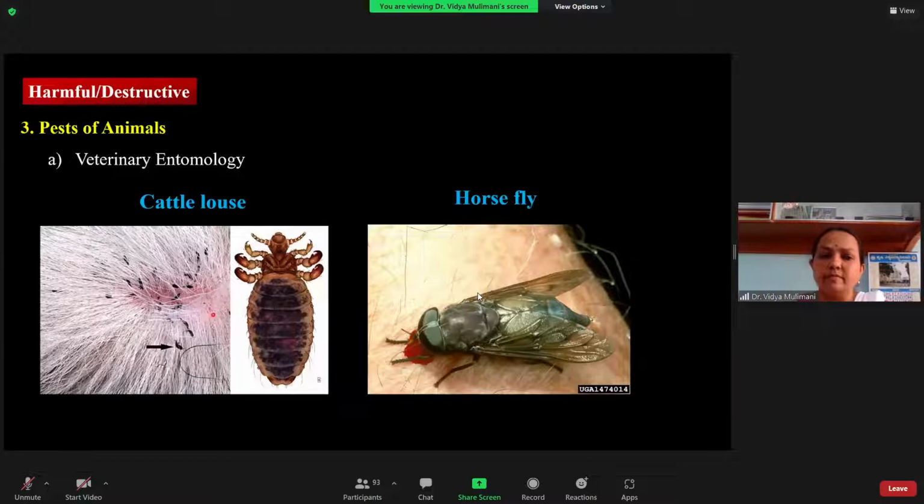So mainly you have cattle loss. Just like the blood loss we have, cattle also suffer loss from blood-sucking insects. Here you have the horsefly. Only the adult female is the blood sucker. So it will come and take blood from the animals. That is the example for veterinary entomology.